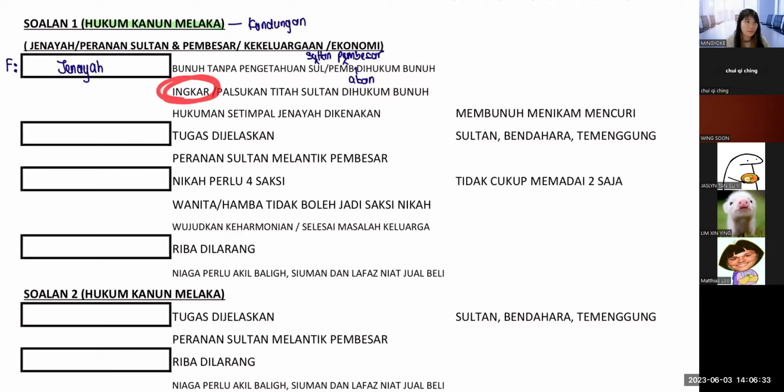If you disobey, ingkar, or you fake the order of the king, you also will be punished death sentence. Your punishment will be the same as what you have done. You understand? Any question?